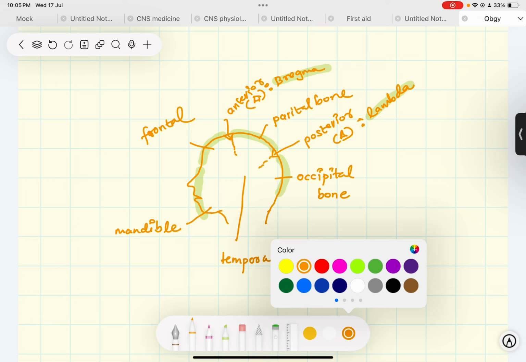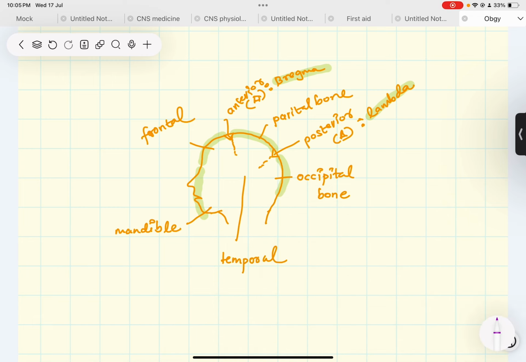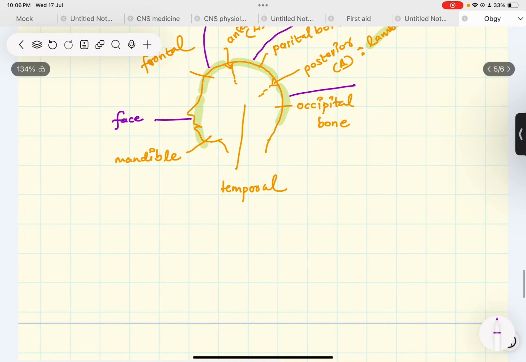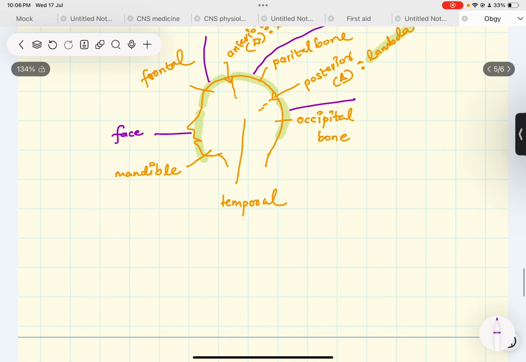Now I have to change the color, otherwise it won't be clear. So this is the vertex, this is the occipital area, and this is the face. Now there are some diameters.